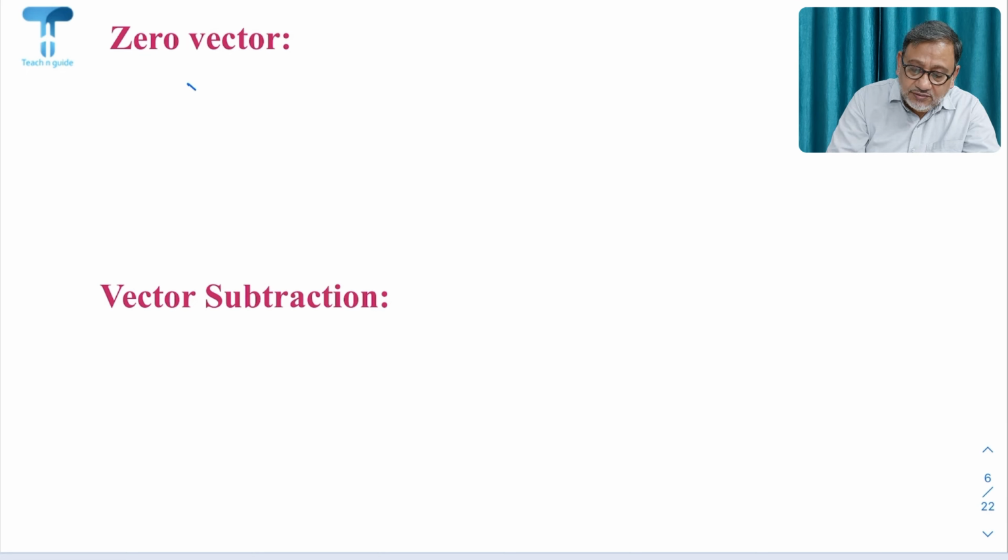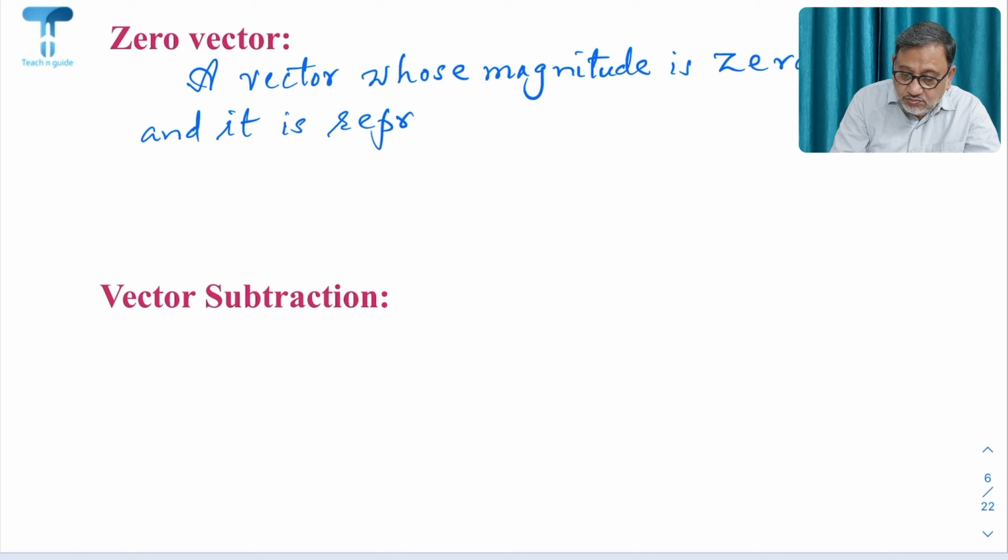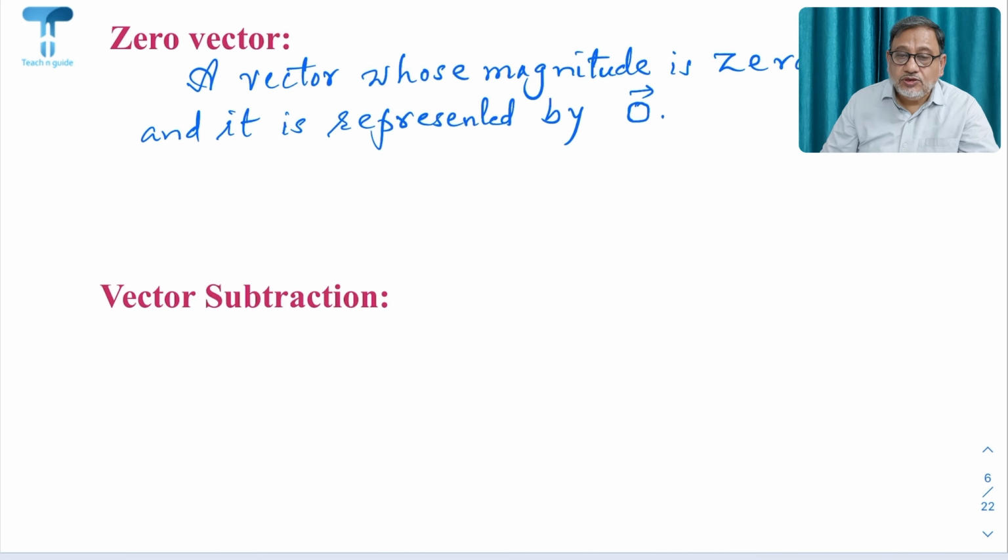So a vector whose magnitude is 0, such a vector is called a zero vector, and it is represented by O with an arrow over it, the zero vector.